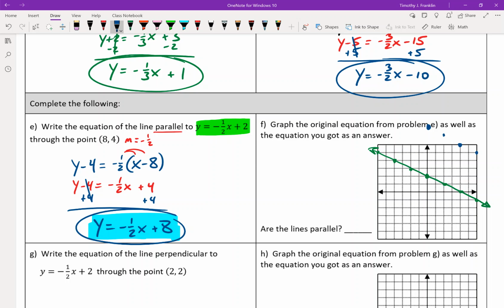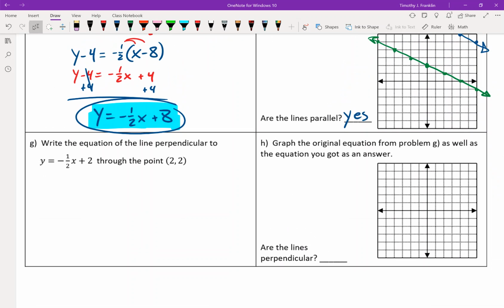So do your best with that. I know it's off the graph a bit, but you can try to estimate where those lines are. Are these lines parallel? Yes, they are. So just to confirm that these two equations do give us a pair of parallel lines.